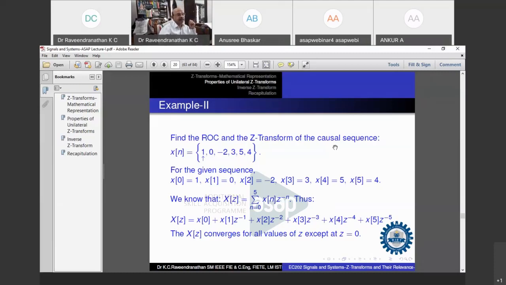If you have x of n and h of n, you can compute y of n using the Z transforms of x of n and h of n. That is one of the major applications of the Z transform.